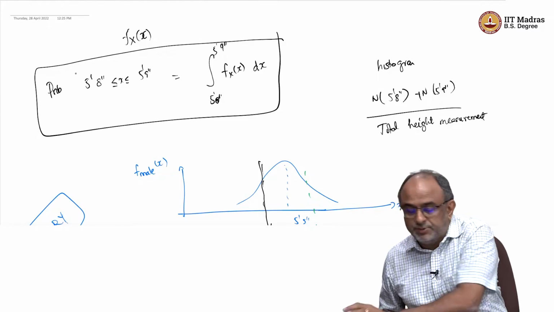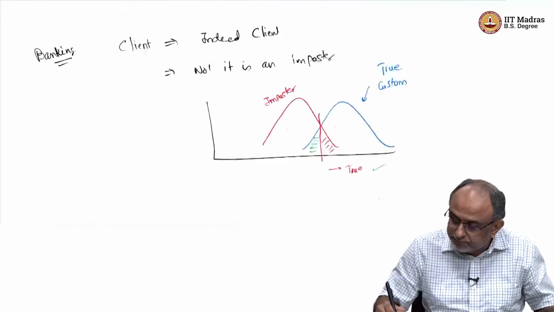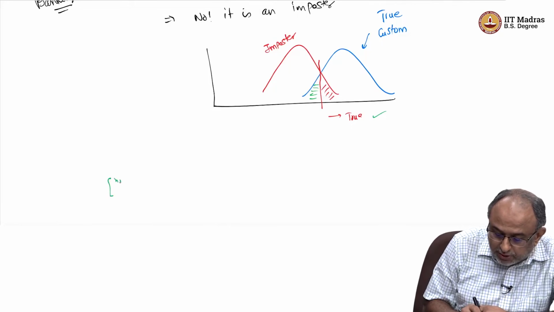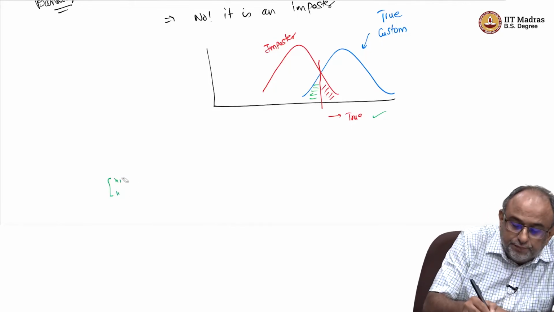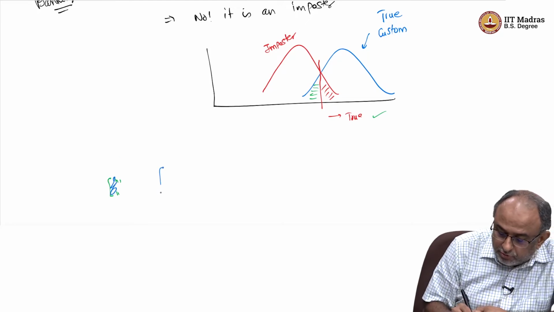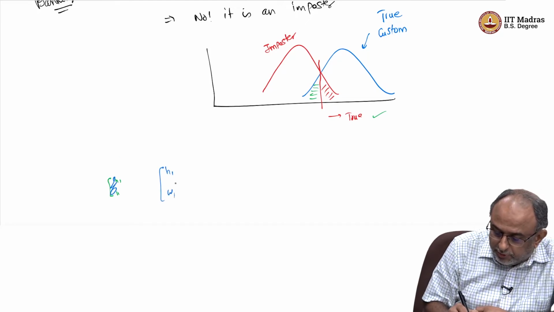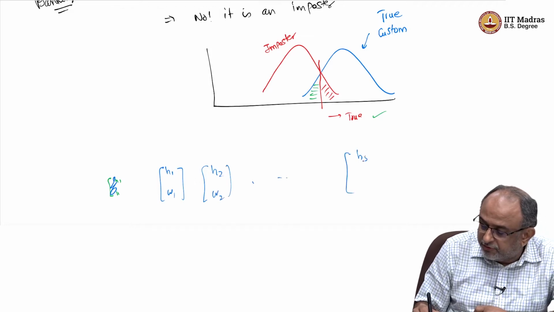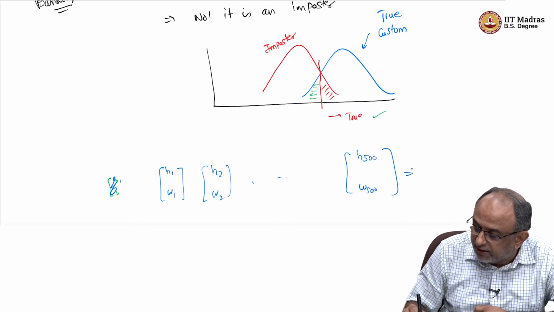If I have measurements, say height and weight, h1, w1 for the first male, so all the blues are males, h2, w2, up to h500, w500. These are heights and weights of males.